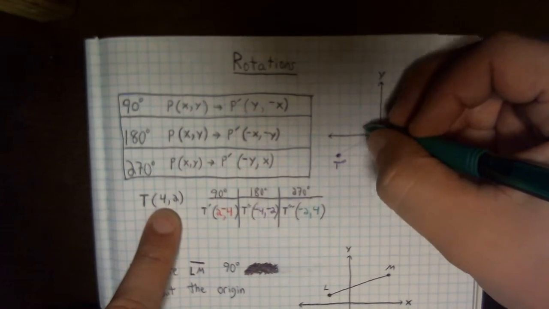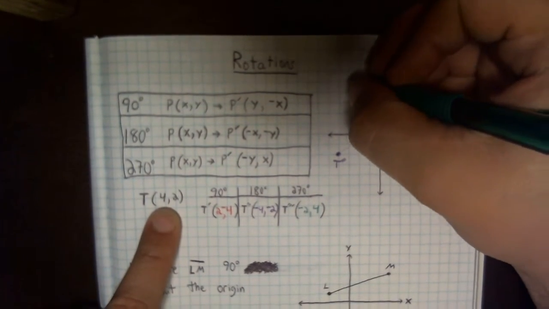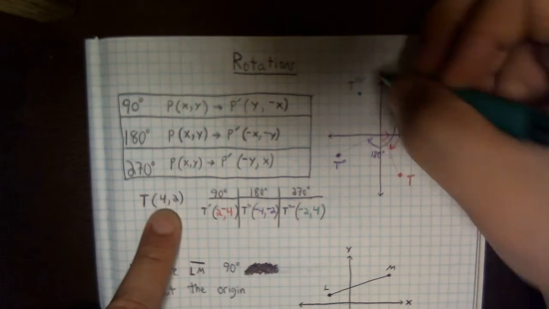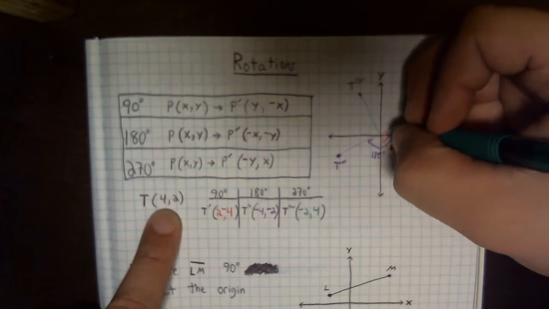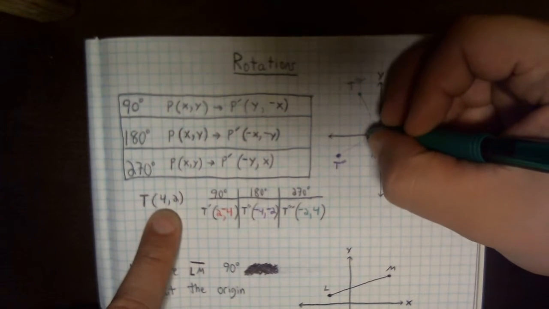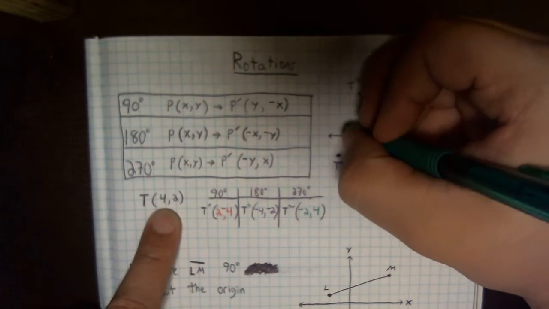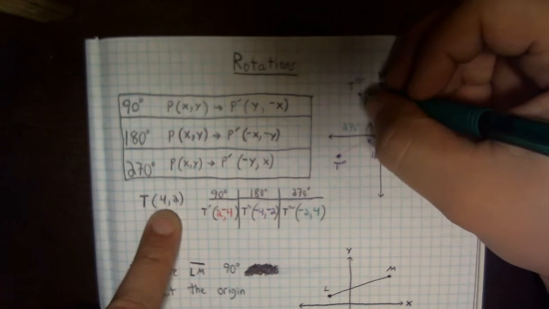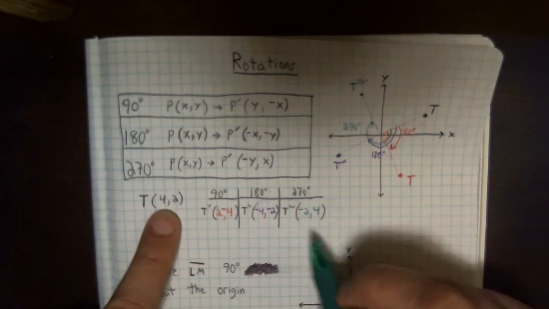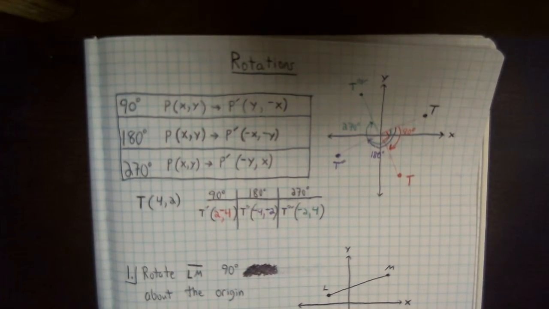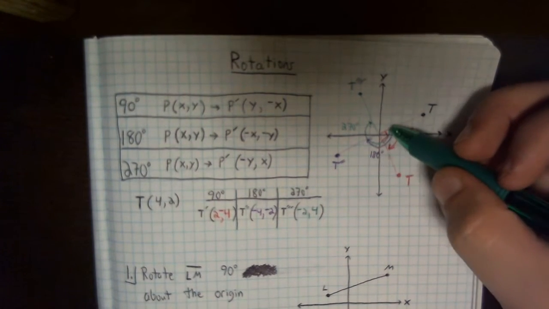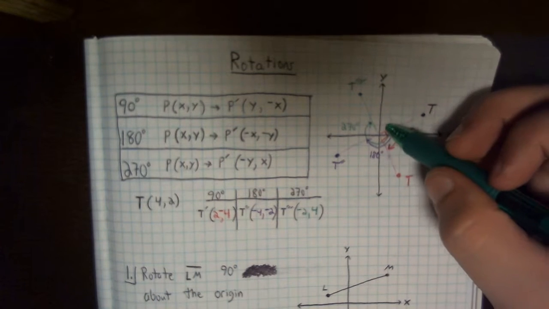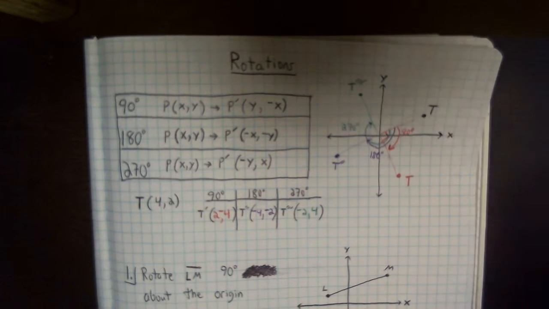So negative 2, positive 4, that's where T triple prime would fall after a 270-degree rotation. So here we go. Here's the rotation. It comes all the way up here. That's where T triple prime lives. So we can see exactly how it goes. It moves around clockwise. It moves 90 degrees or 180 or 270.